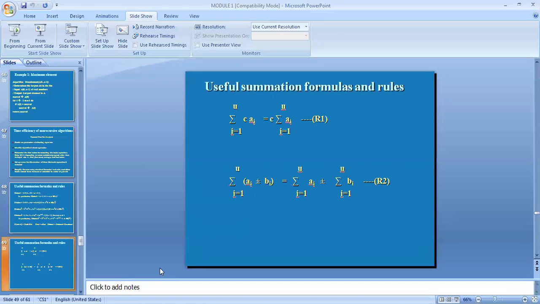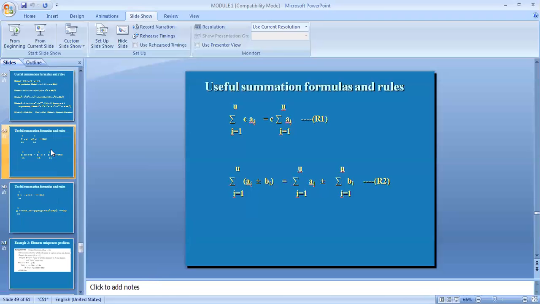The summation from i equal to 1 to u of a_i plus or minus b_i equals the summation of a_i plus or minus the summation of b_i. This is what the two summation rules are.